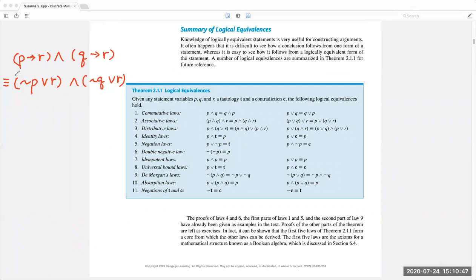Now you can consider this one as a whole object. So this one and negation Q or R. So what you can do is using which one? This one, okay? You can use the distributive law.